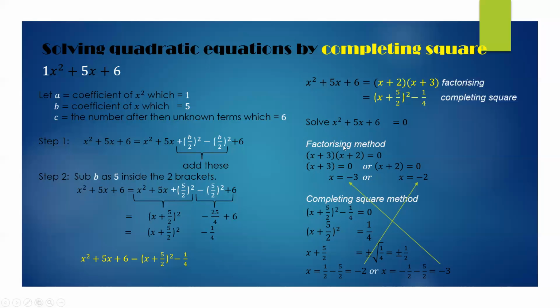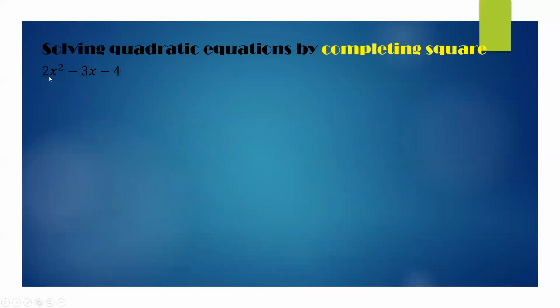Next one, let's see one more example. Now this is no more 1x squared, it's 2x squared. In the completing square process, you cannot have a number other than 1. So basically when we have this 2, 3, or even 0.5, half, you need to make it into 1. So how do we do that? We factorize it.